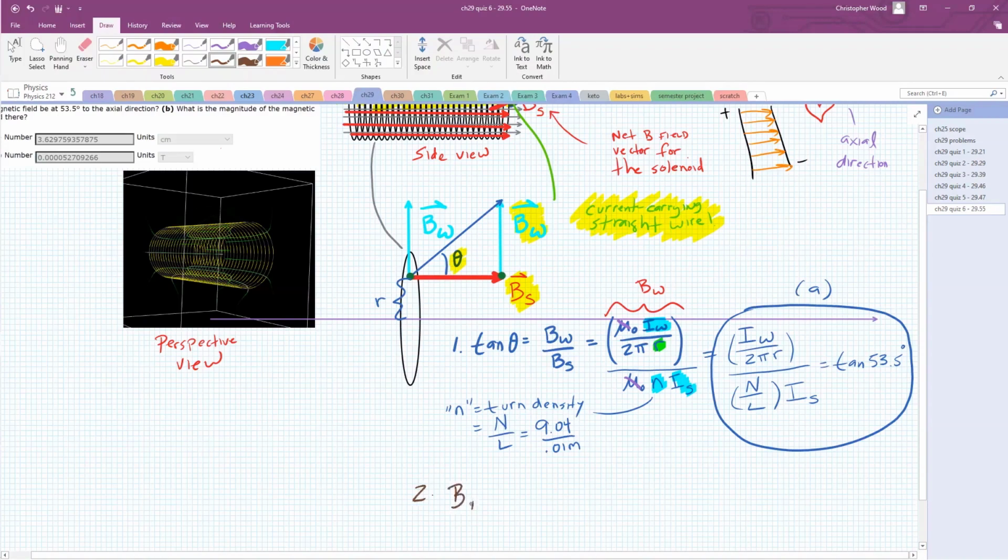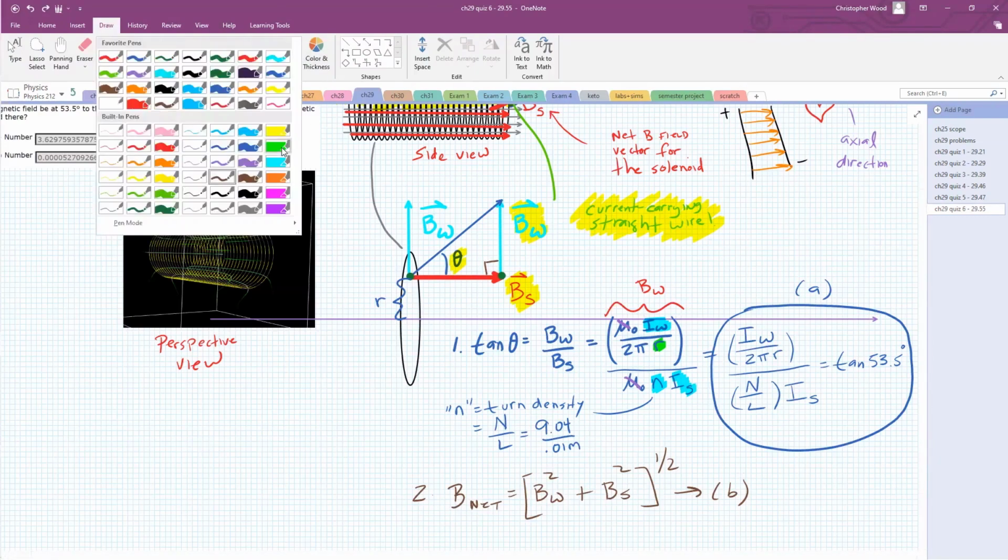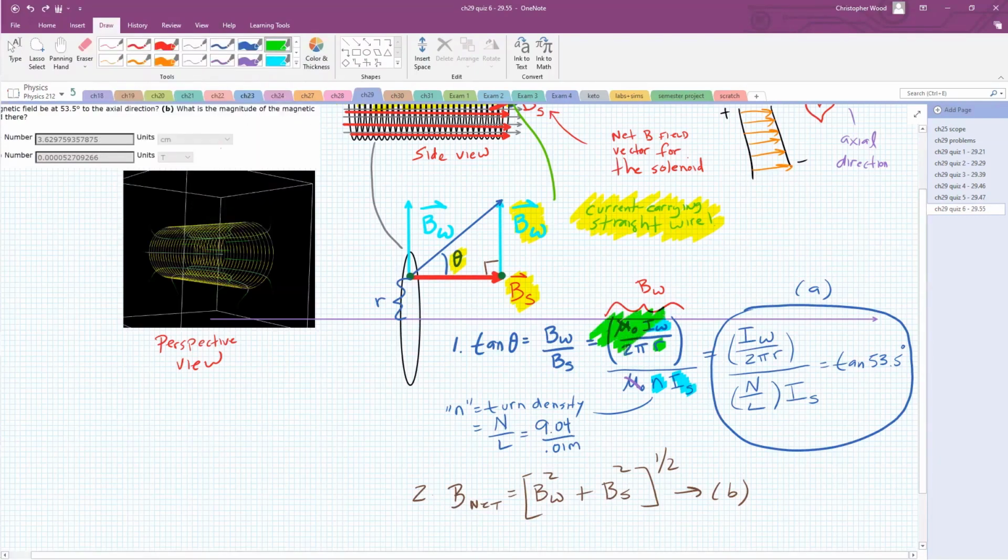You can say B net equals, Pythagorean theorem, this is a right angle, equals BW squared plus B solenoid squared, and then just take the square root of that, and that's going to give you the answer to part B, where this whole mess right here is BW as indicated. So all of this is BW.